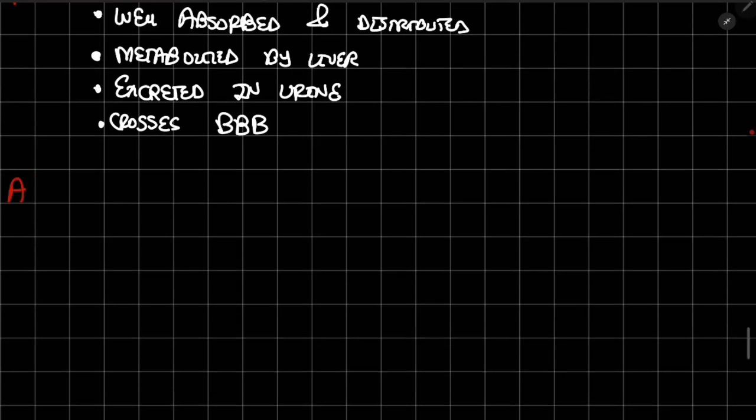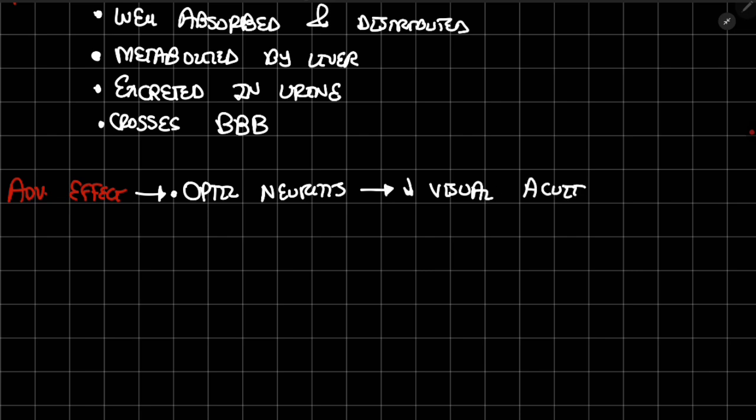Now the adverse effects. The main adverse effect is optic neuritis. It is the main adverse effect. Okay, and it leads to decreased visual acuity and also decreased color vision, red green defect.